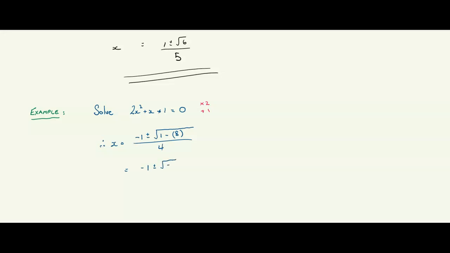Now normally that means we've made some kind of mistake. Alarm bells are ringing. Perhaps I've got a double negative here I haven't taken account of. But if you look at it, everything's positive up here. So no, I haven't made that error. That's my solution: x is equal to minus 1 plus or minus the square root of minus 7 over 4.